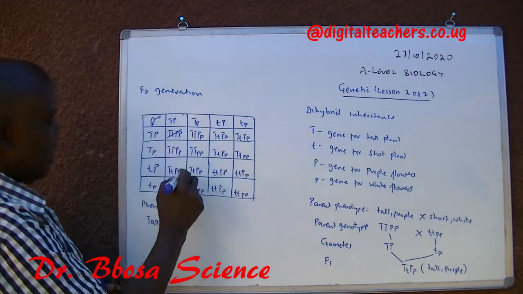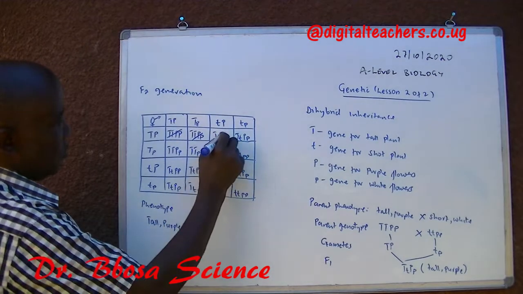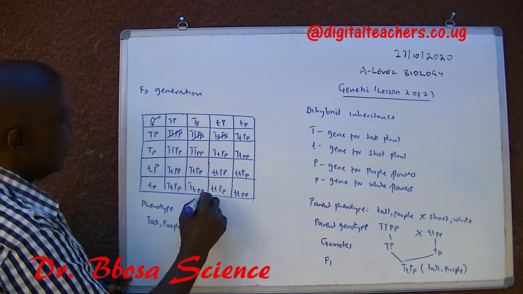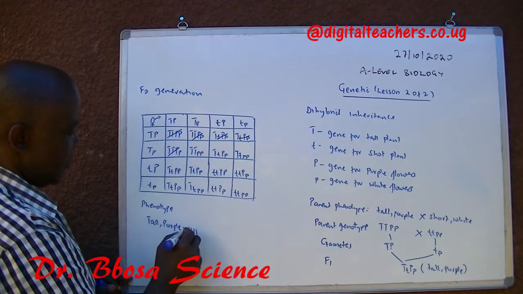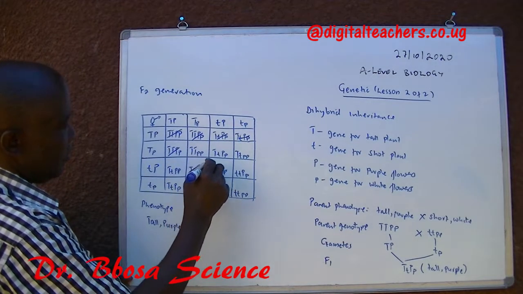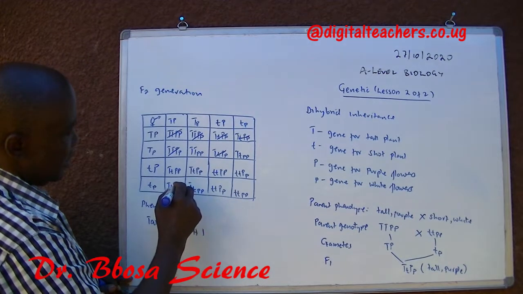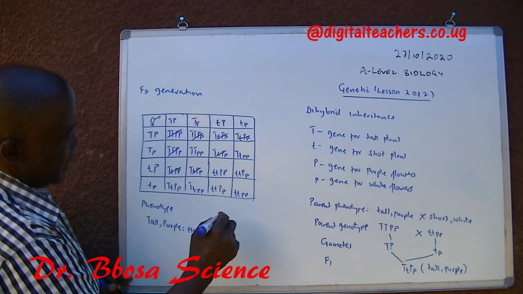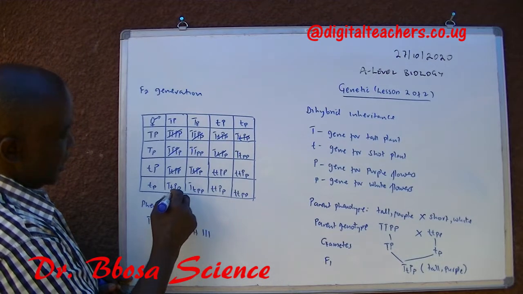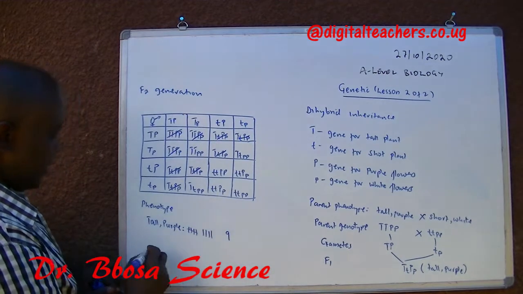So we shall have 1, 2, 3, 4, 5, 6, 7, 8, and 9. So we shall have 9.